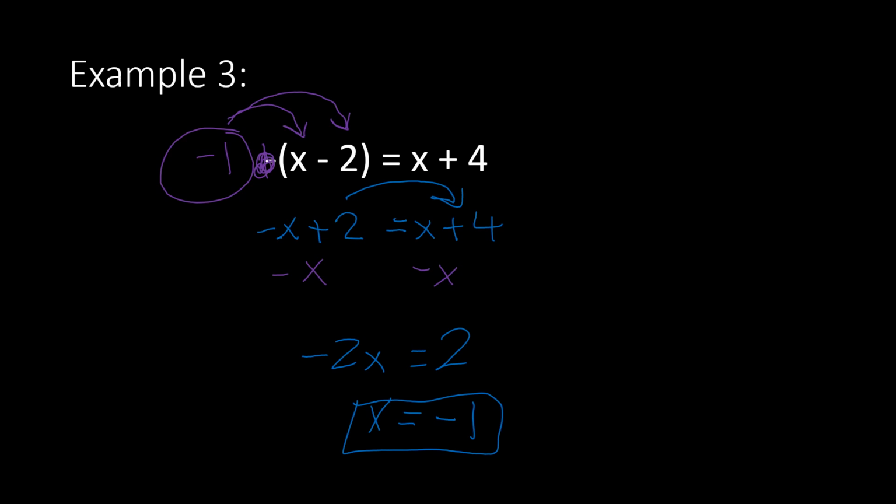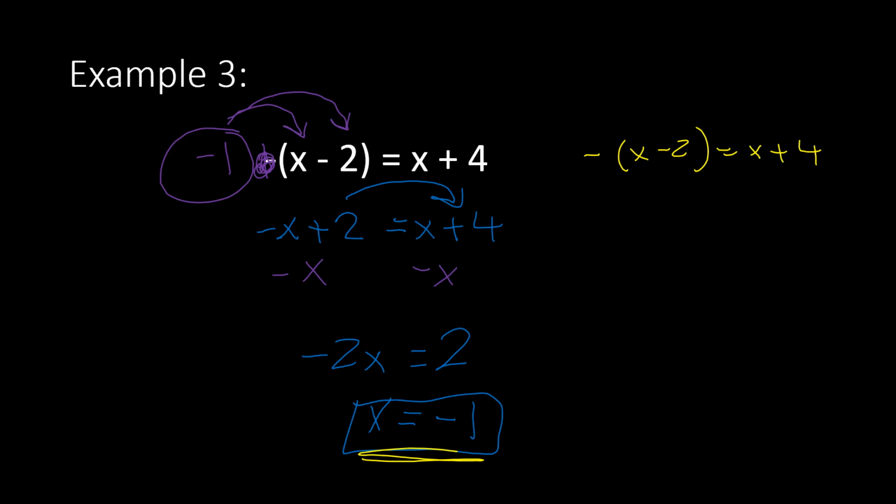Now there's a way you can check if this is correct, and I use this if I ever am iffy about my answer, even though I solved it nicely. So the way you can check is you can rewrite the equation. Then you can substitute the x for the answer you got. So I got negative 1.